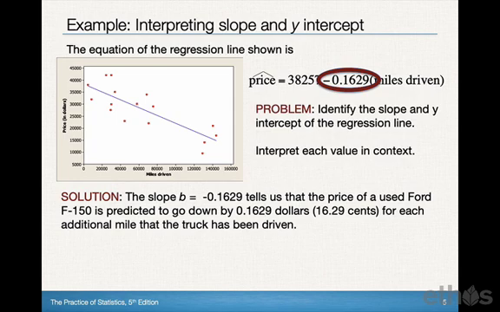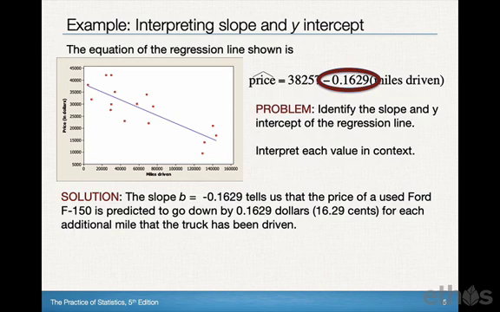So our stock wording for slope tells us that the slope number is how much the y variable is going to change for a 1 unit change in the x variable. I'm going to repeat that again. The slope is how much the y variable will change, the predicted y variable, for a change of 1 unit in the x variable.